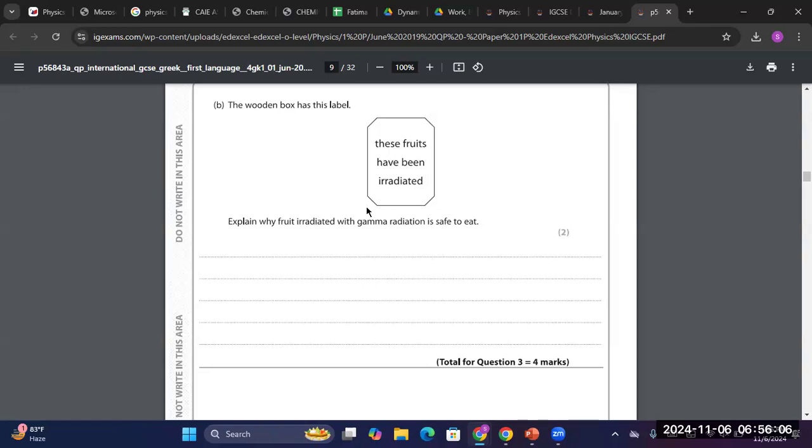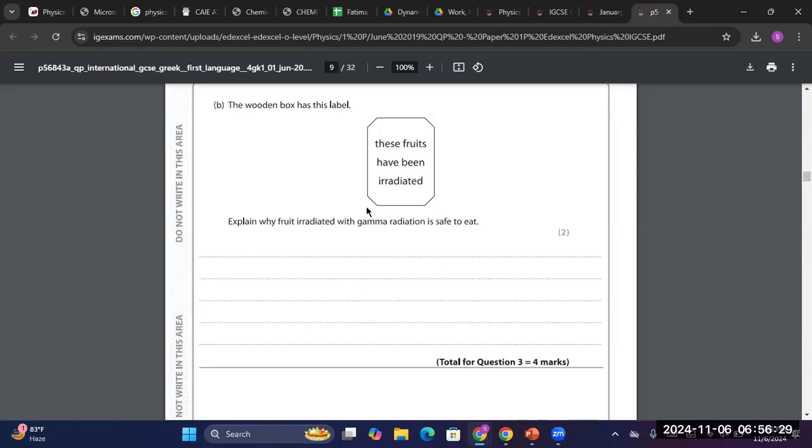That's what I told you guys, that if gamma radiation comes from outside the body, it can be very dangerous, because it can penetrate through the skin and harm the cells inside the body. On the other hand, if the same gamma radiation comes from inside the body, meaning that I have eaten something that has gamma radiation inside it, then it is not that harmful. Why is it not that harmful?